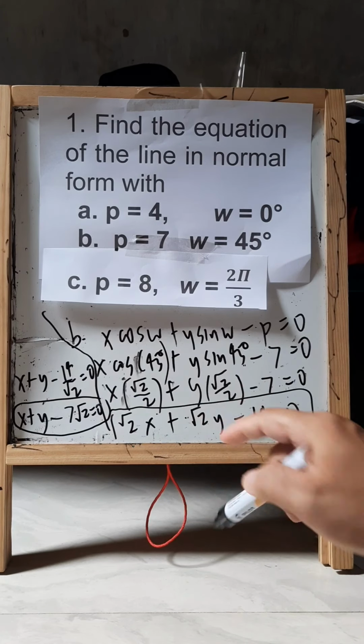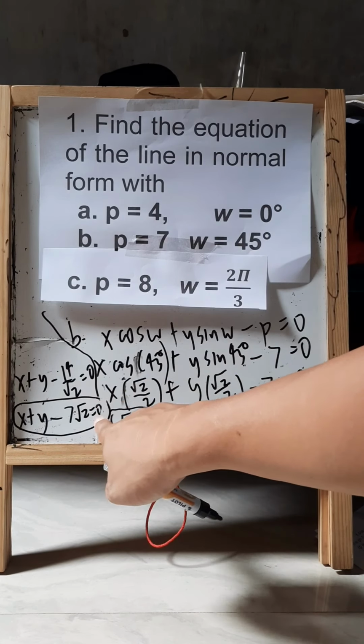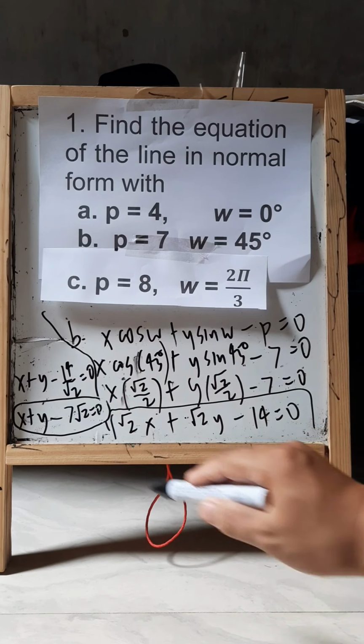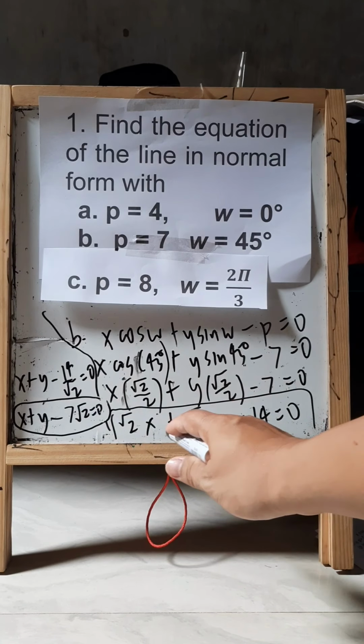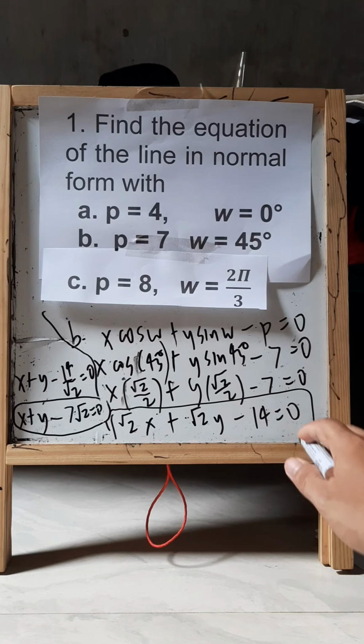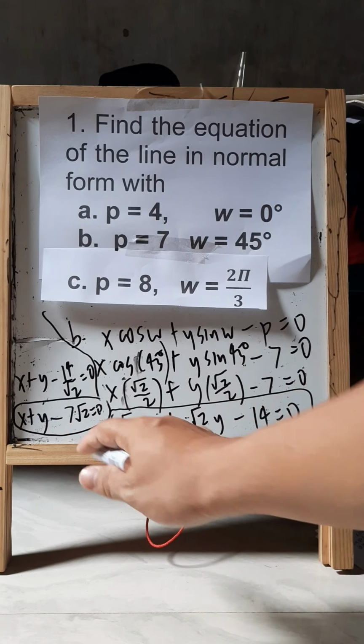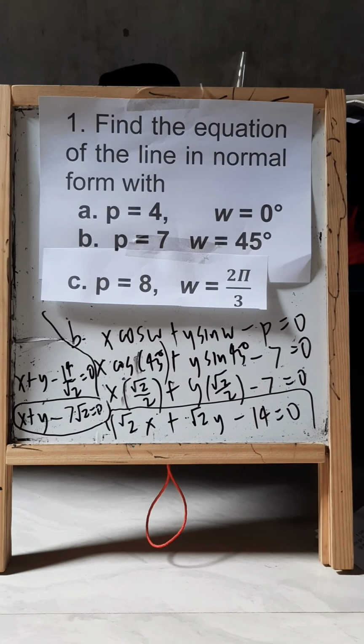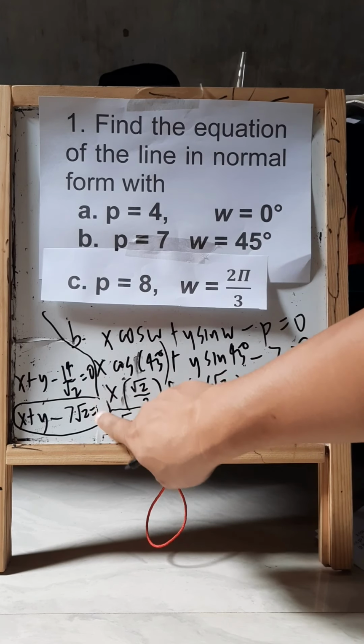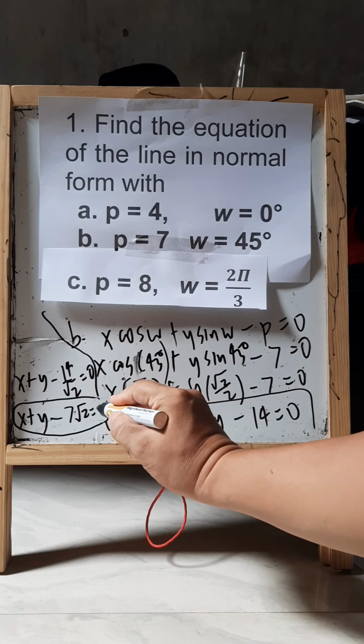So we can also have this answer. The simplified answer for square root of 2 x plus square root of 2 y minus 14 equals 0 is x plus y minus 7 square root of 2 equals 0. That's the answer for letter B. Is it clear?